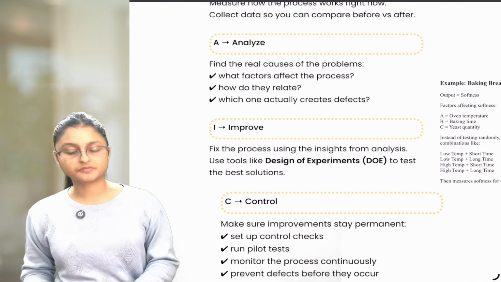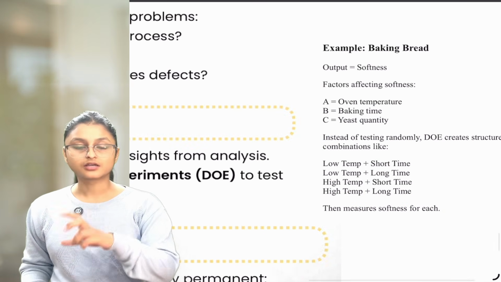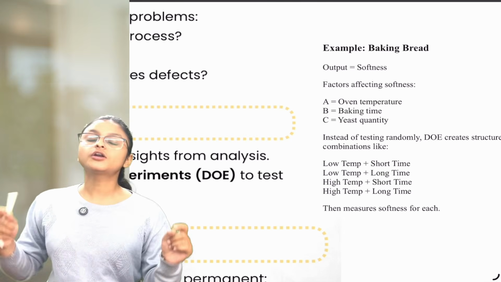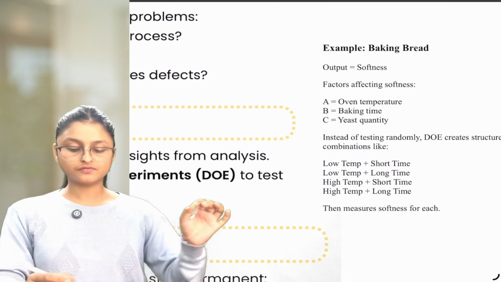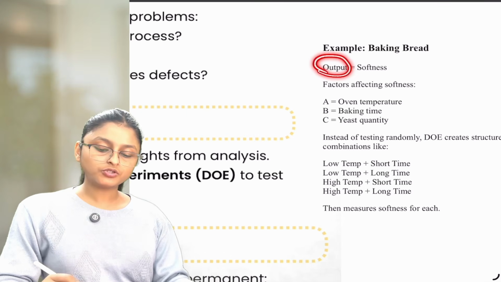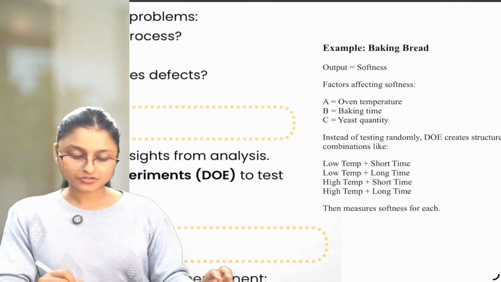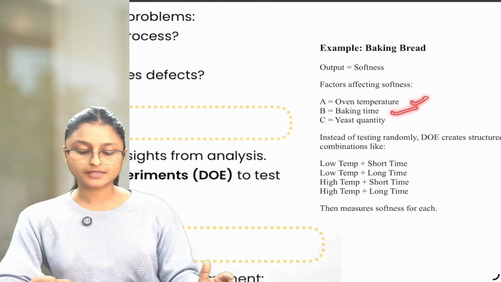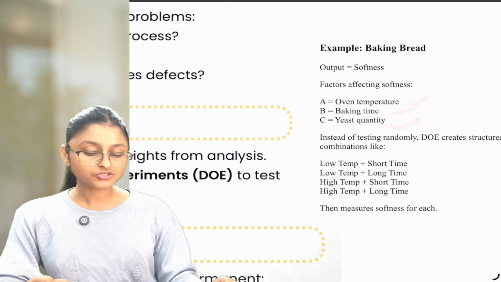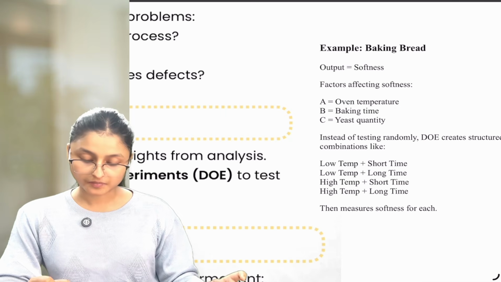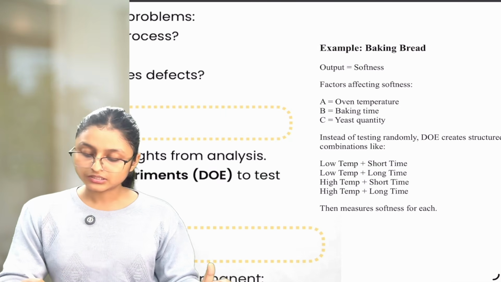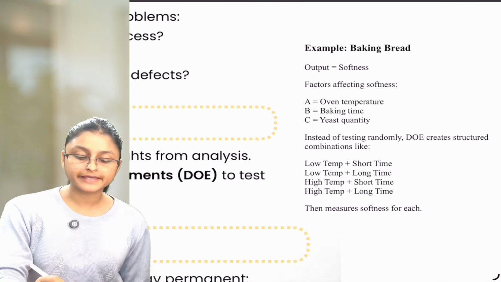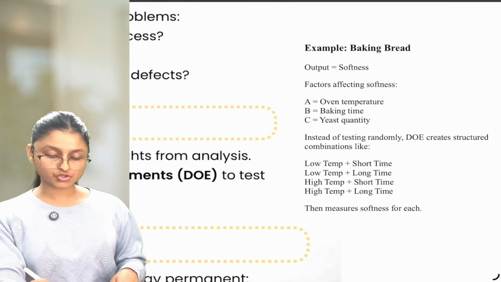Now, what is design of experiments? Here, we check different factors or apply different factors together to see what impact they have. So, let's assume we are making bread. We want to achieve softness in bread. There are different factors which affect the softness. It can be oven temperature, baking time, yeast quantity. So instead of checking each separately or randomly, design of experiments creates a structured combination of all of them. Oven can be at low temperature and baking is short time.